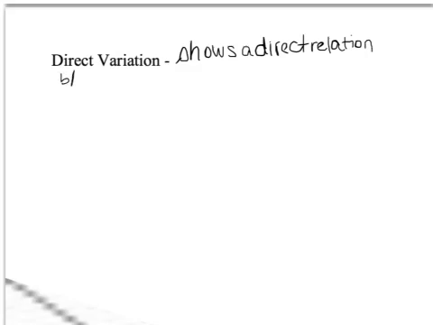Let's start by defining direct variation. Direct variation shows a direct relation between two variables. So think about some things that you have experienced that have a direct relation.